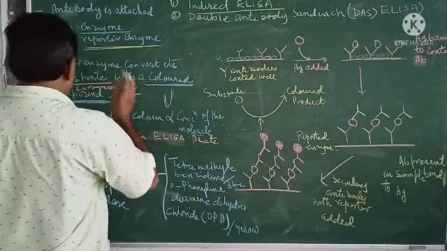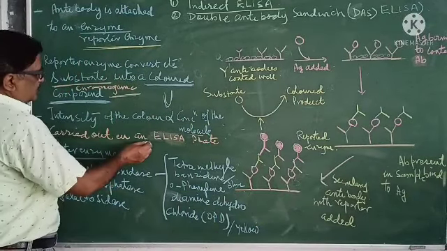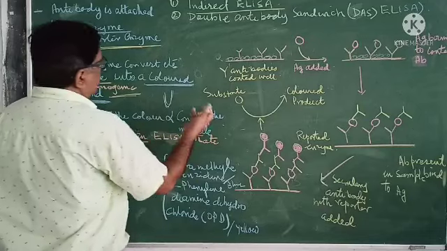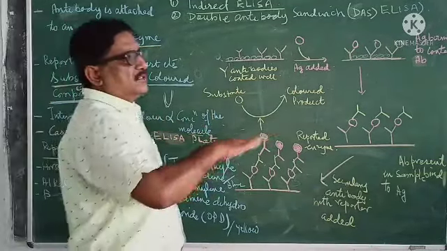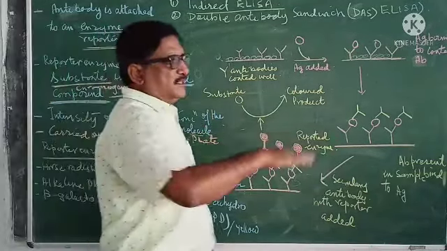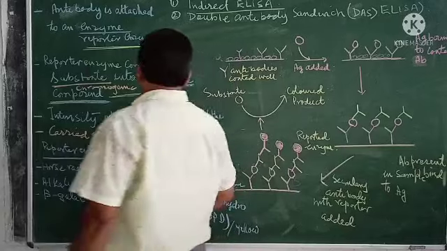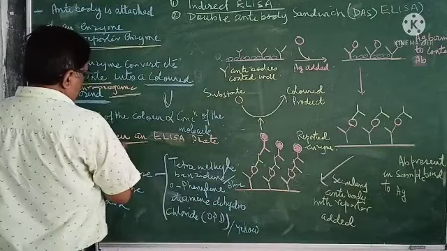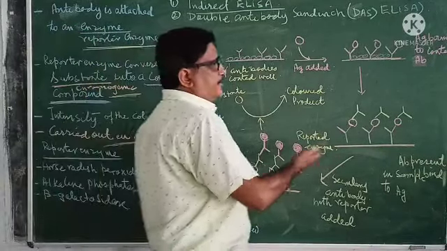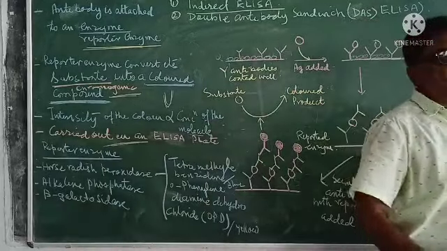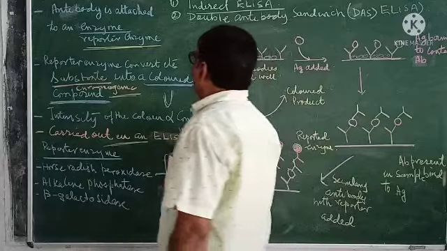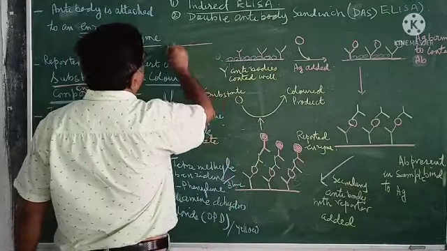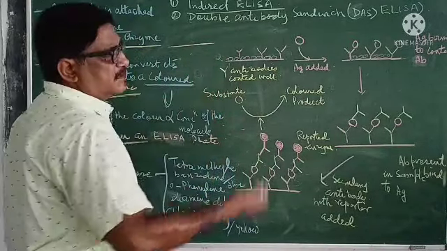Okay, the whole process. In the process, one antibody is attached to a solid base, and on that attached antibody, the experiment is carried out. That antibody may be attached to a polystyrene surface, or generally it is coated on a specific plate called an ELISA plate.